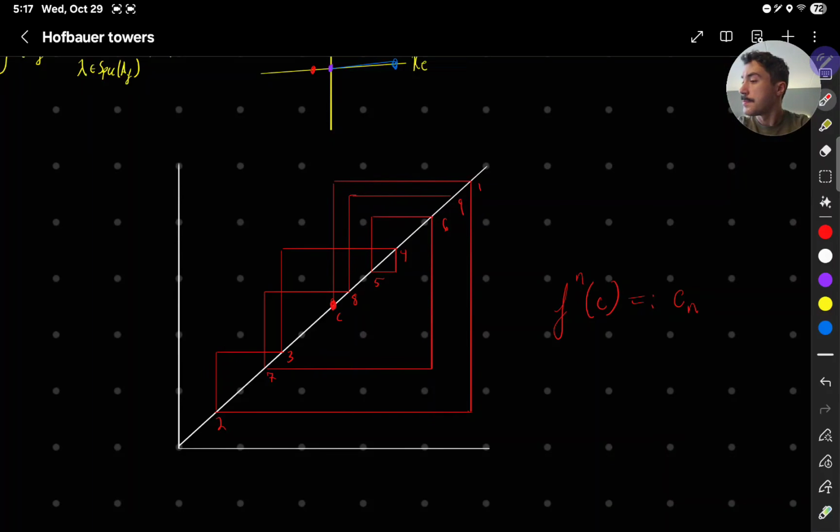Ten between 2 and 7. Let's just do this. And 11 between 3 and C. You can already kind of see that this is unimodal. 12 between 4 and 6.